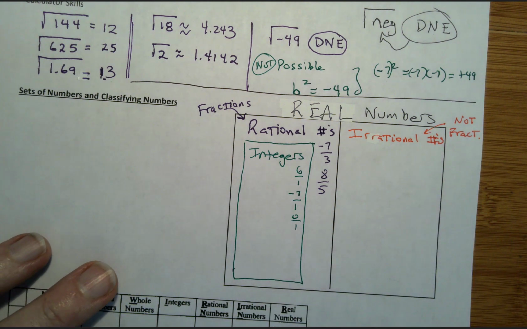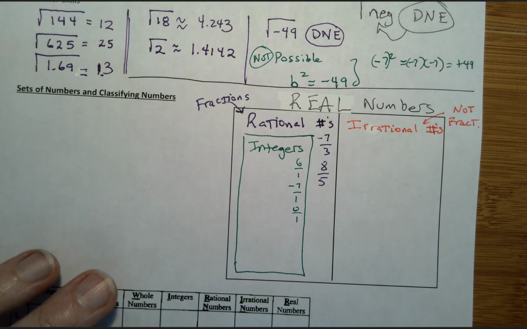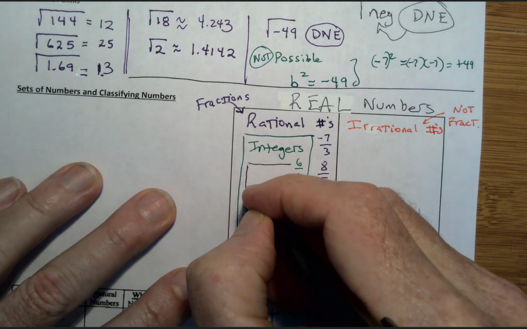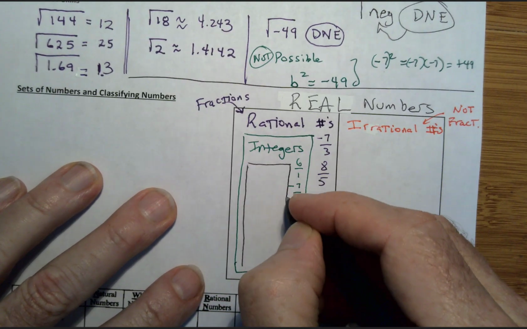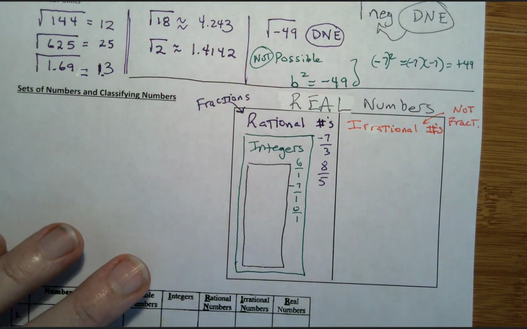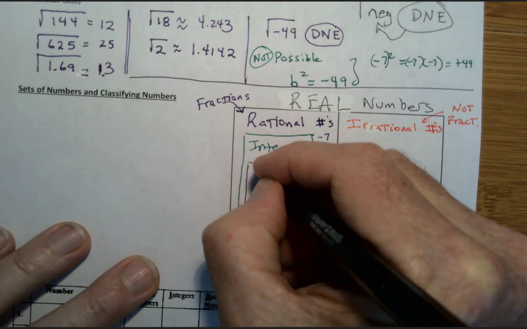All right, now in that group, we can break that group down into a smaller group. Now these last two smaller groups are not super important, but the categories do exist. These are the whole numbers.